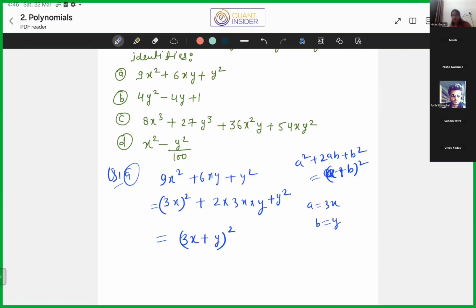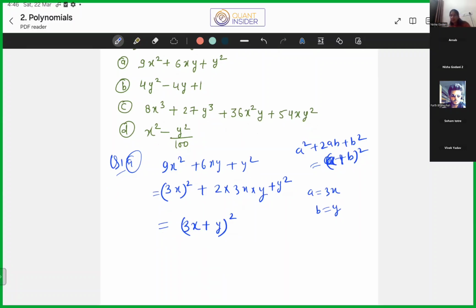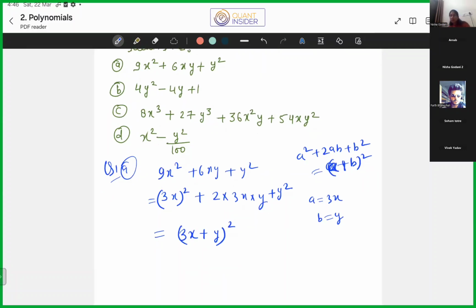Yes, good. Vicky is saying 2y and some others are saying 2y minus 1 whole square. Very good. Correct. So the answer of the second is 2y minus 1 whole square. Is it clear to everyone, or should I solve it? Good, Vicky. Great.